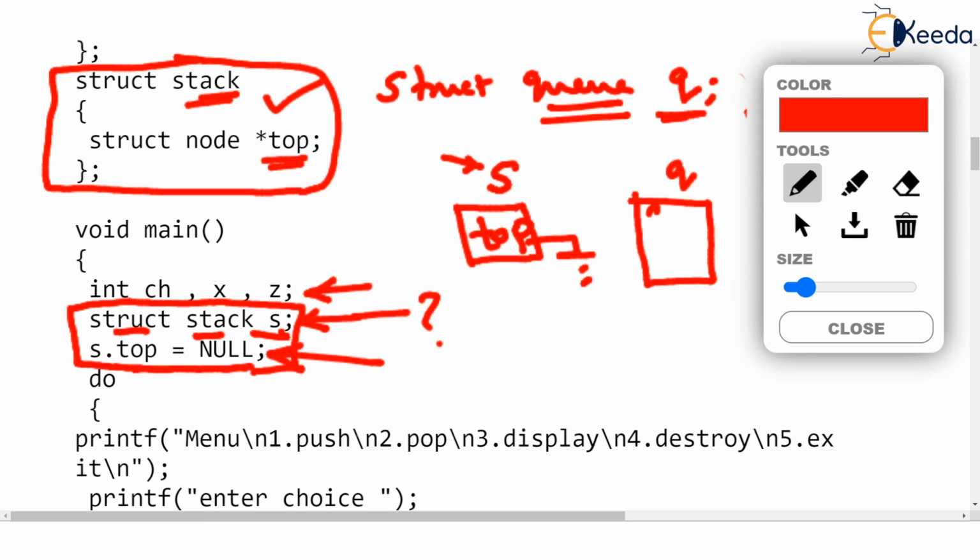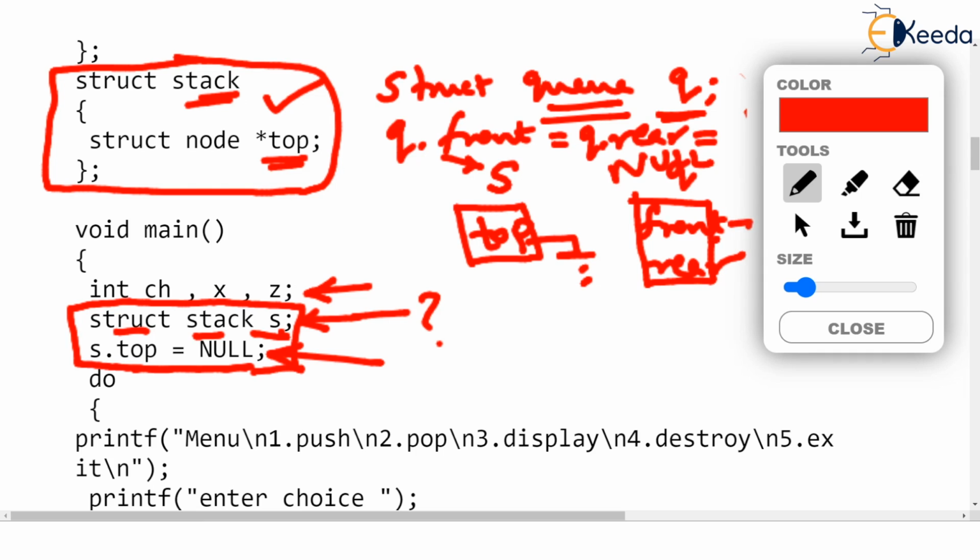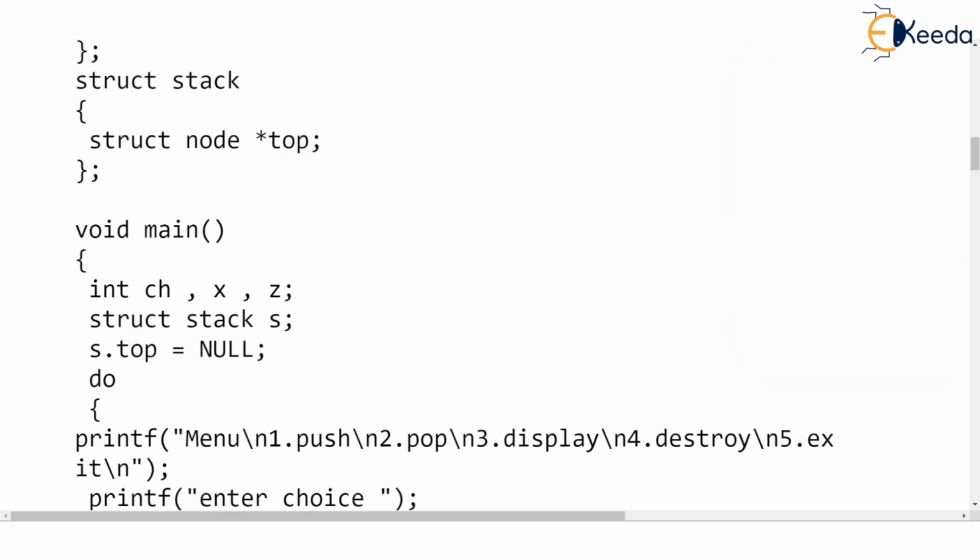So we will be writing queue dot front equal to queue dot rear, both are null. That means front is null and rear is also null. By making front and rear null, we are saying that the queue is empty. This is the way how we will begin any data structure. You have to first create the data structure by making a variable of that type and initializing a few things.